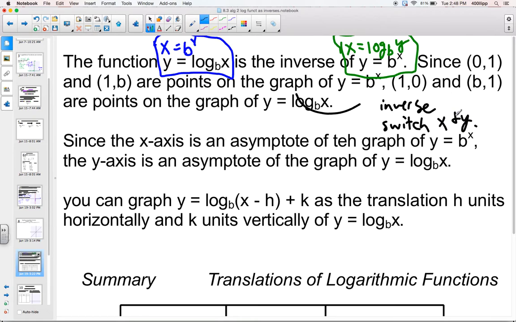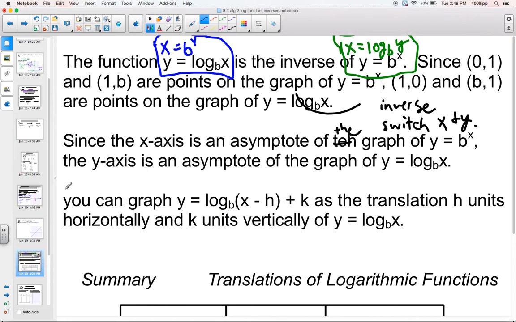Okay. Since the x-axis is the asymptote of the graph of y equals b to the x, and the y-axis is the asymptote of y equals log base b of x. You guys can catch my spelling mistakes. So let's take a look here.